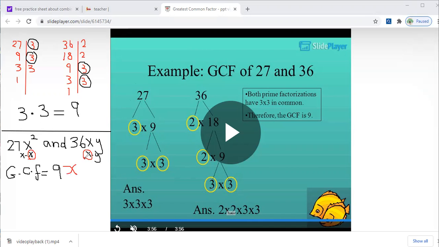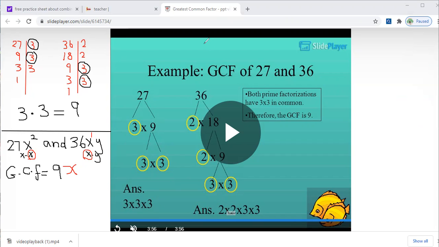So we can use a rule: once we have a variable, we will choose the variable with the least exponent. You have x squared and you have x; x to the power of 2 and x to the power of 1. So the least exponent is 1, so we will take it. I have y in the second, but I don't have y in the first, so we will not choose it. We will use only 9x.